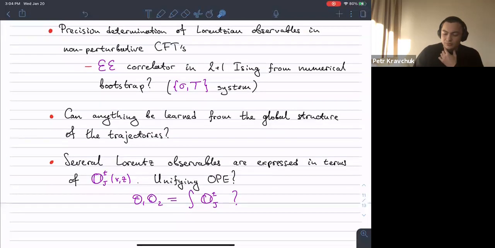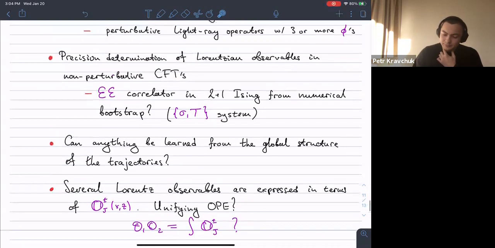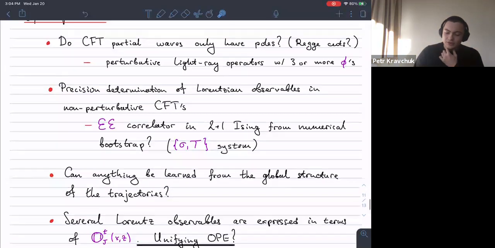In all these examples, it turns out that when you cannot write the OPE in terms of local operators, you can write it as some kind of sum or integral over light-ray operators. One question is whether there is just one unifying operator product expansion formula which expresses the product of O1 and O2 in terms of light-ray operators in Lorentzian signature, such that all of these examples follow simply from this expression. All right, I'll end here.